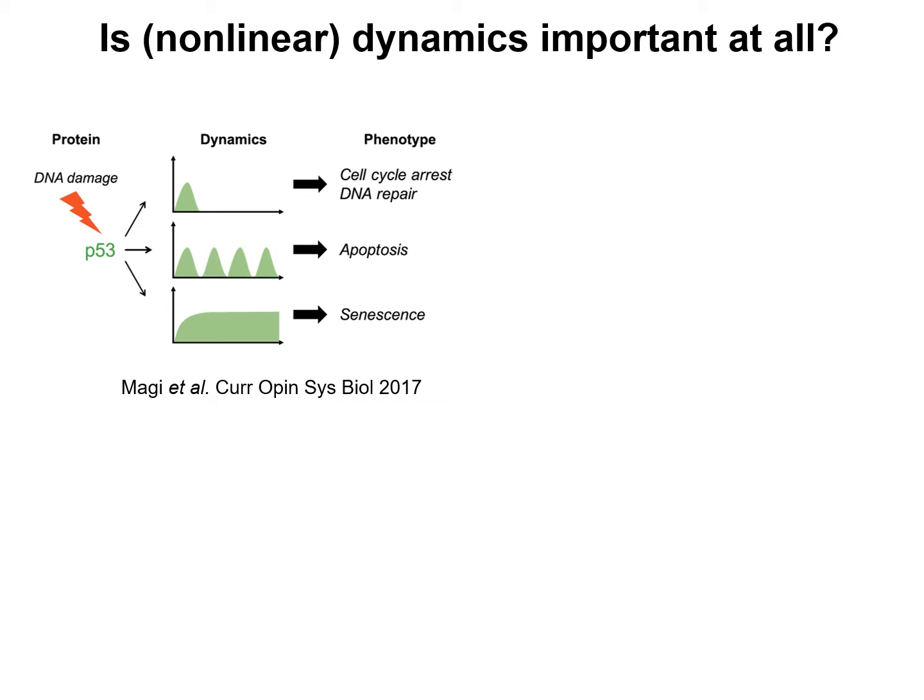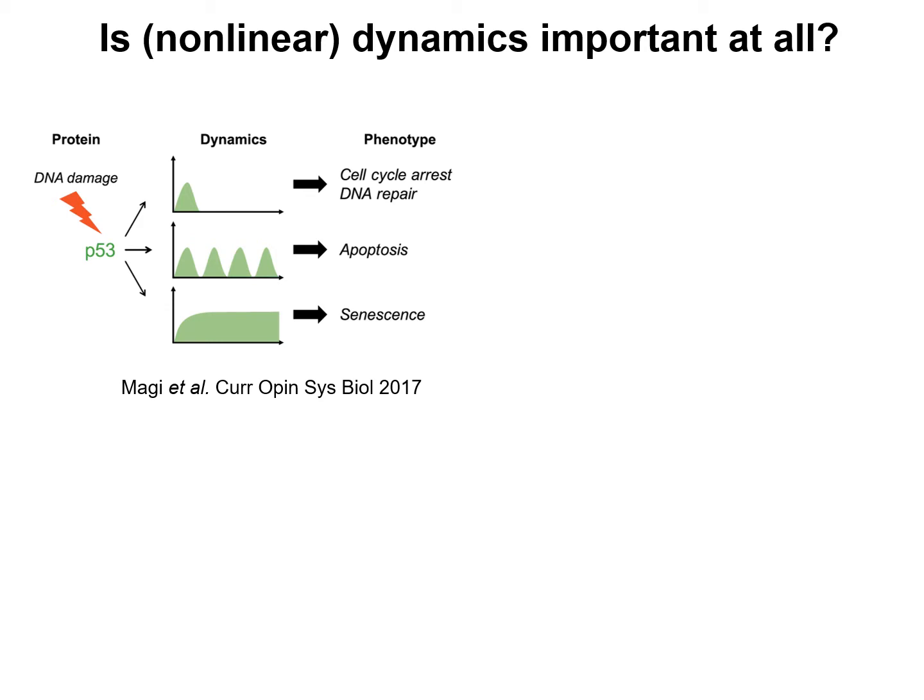So once the DNA damage is being sensed by the cell and the levels of P53 are upregulated, as seen in all 3 different cases initially, then either those levels can just continue to stay high, as you see in the last case, which eventually leads to the phenotype called senescence, or it can continue to oscillate, in which the cell dies, which is called apoptosis, or it can oscillate once, in which the levels increase and then settle down to close to what they were earlier before the DNA damage signal was sensed.